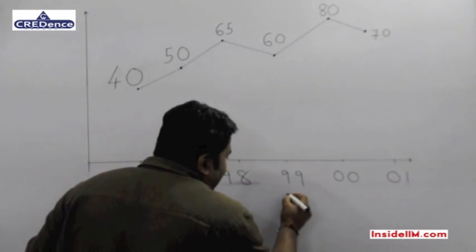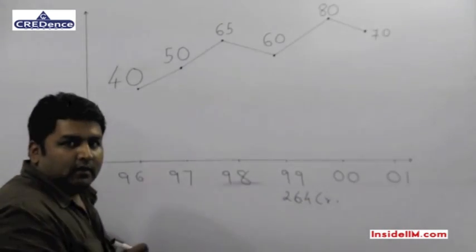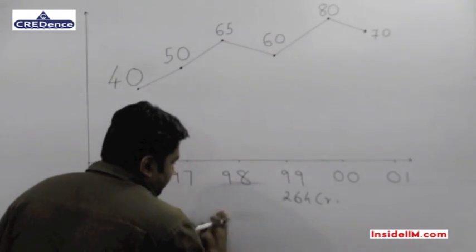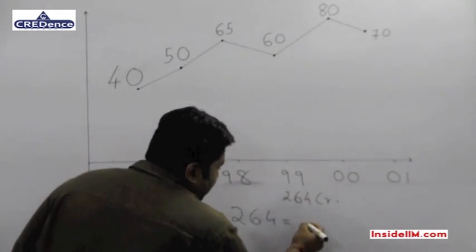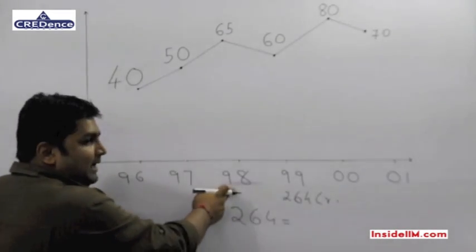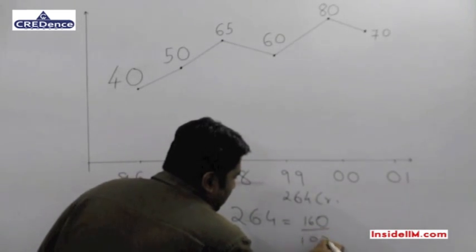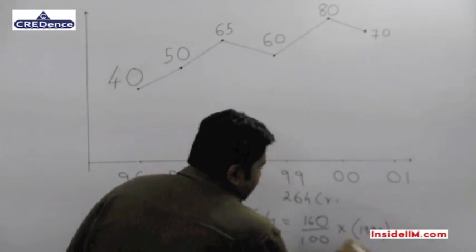The value for 99 is given as 264 crores, which is 60% more than the value of 1998. So I can write it is 160% of the value of 1998.